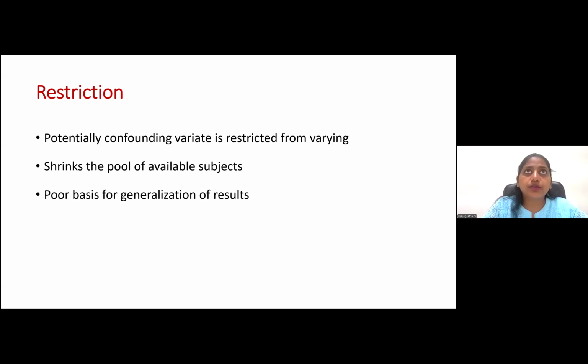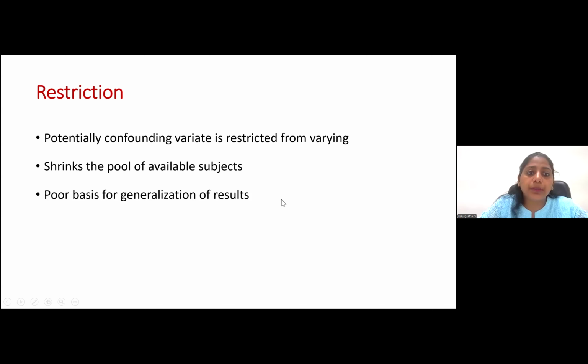So how do we do this? We can do this by selecting a restricted age group. Let's say we want to look at risk for cardiovascular disease. Instead of including all age groups from 30 years, we could just select those individuals between 40 to 50 or between 30 to 50, right?